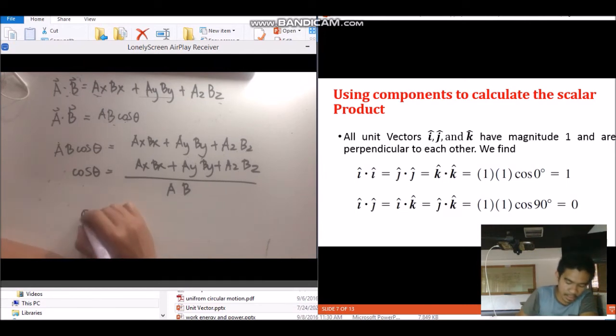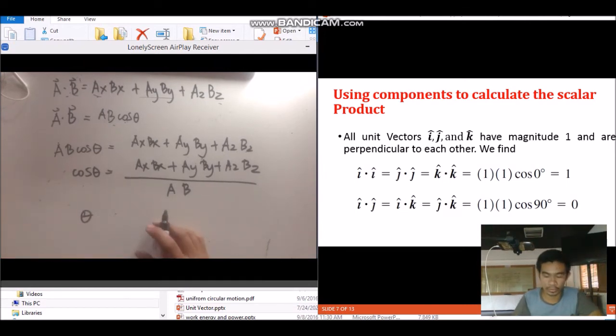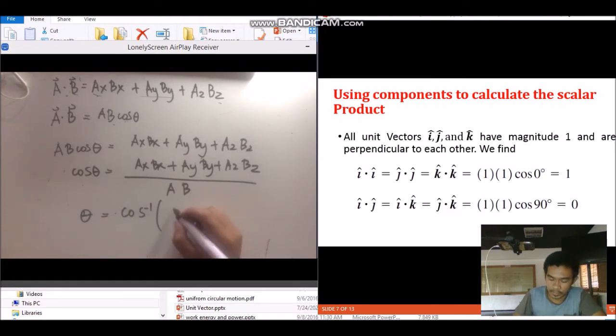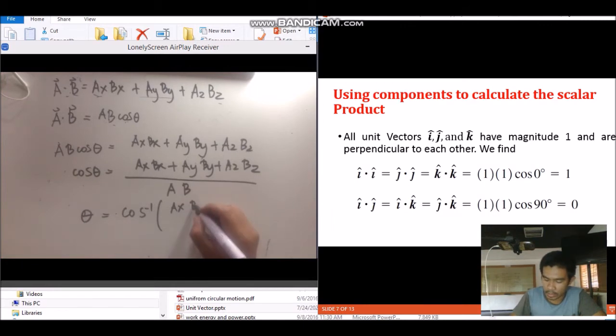So theta, the angle between these two vectors, is the inverse cosine of AX BX plus AY BY plus AZ BZ all over AB.